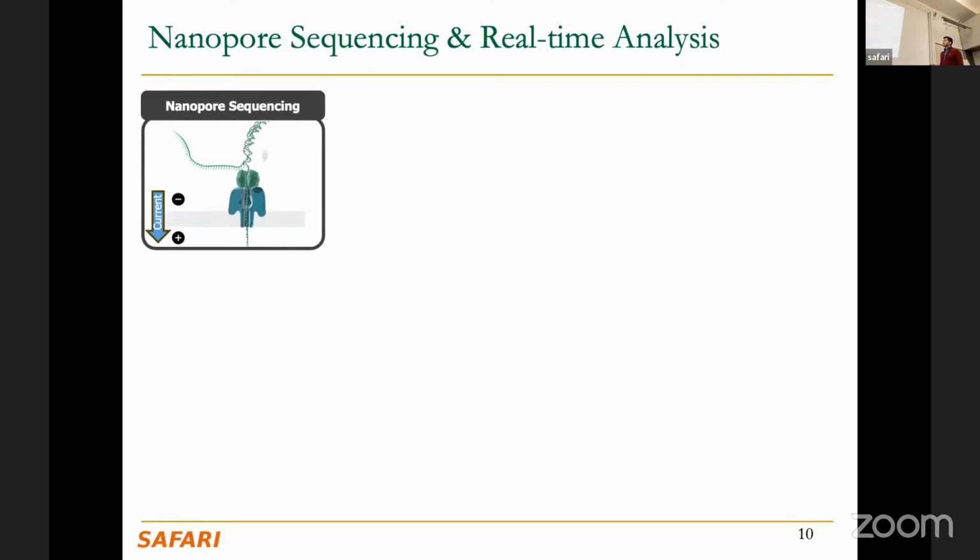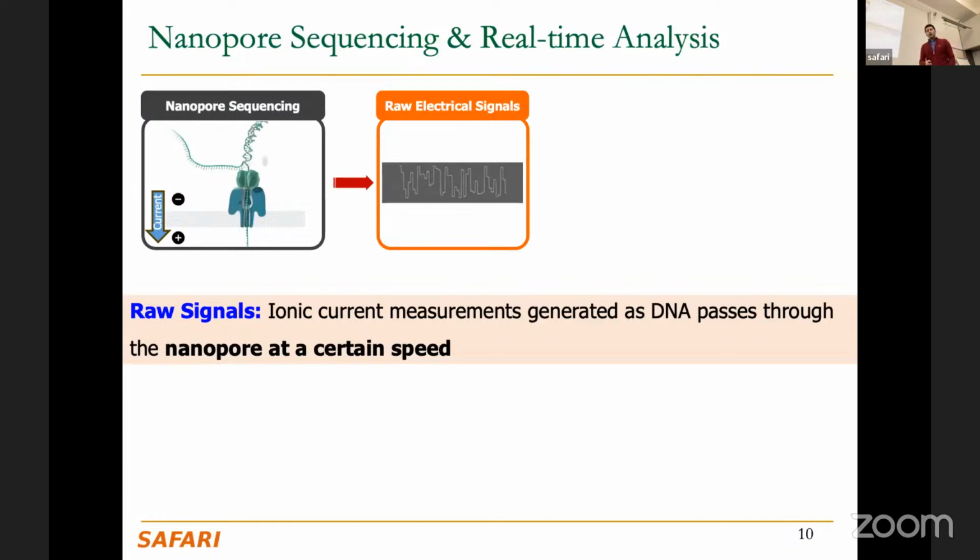Since DNA is negatively charged and is initially placed in the negatively charged area, it moves from the negatively charged region to the positively charged region. As it moves, it goes through this particular pore, which measures the ionic current disruptions as the DNA moves through that tiny pore.